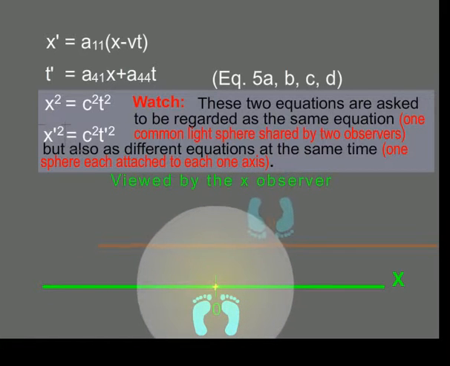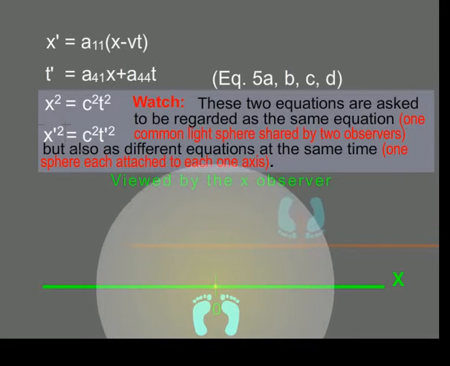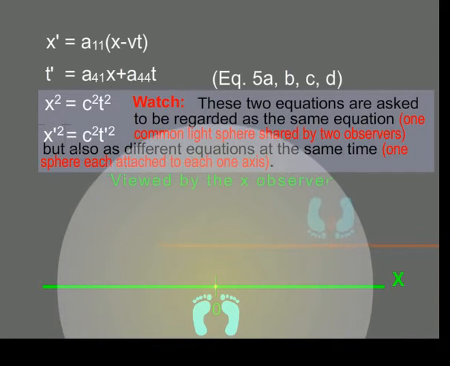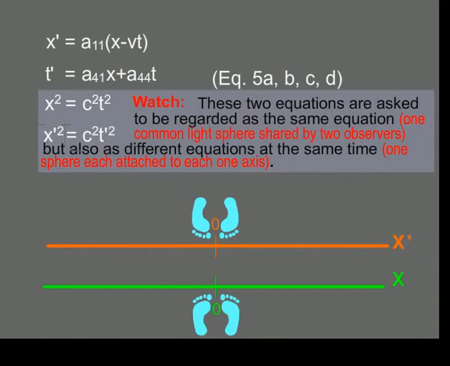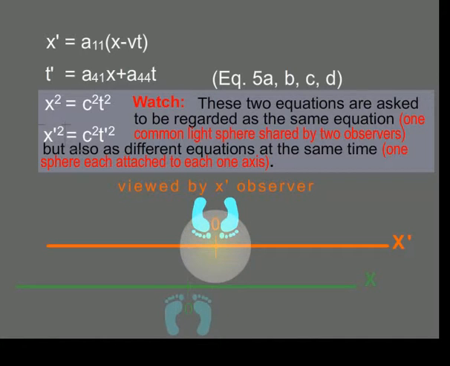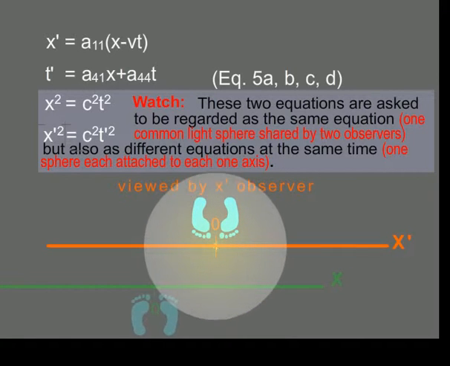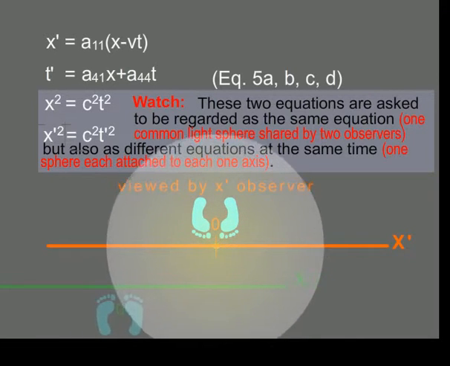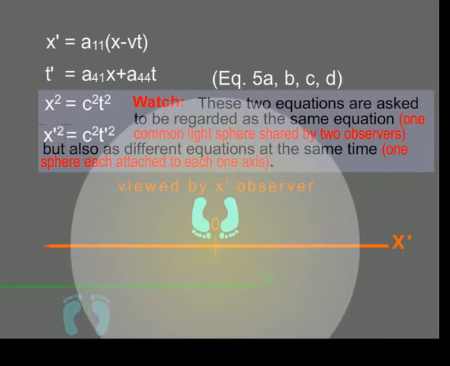No matter how time develops, the observer riding with either the x-axis or x-prime axis must see the origin of one's own frame and the center of the light sphere coincide forever.